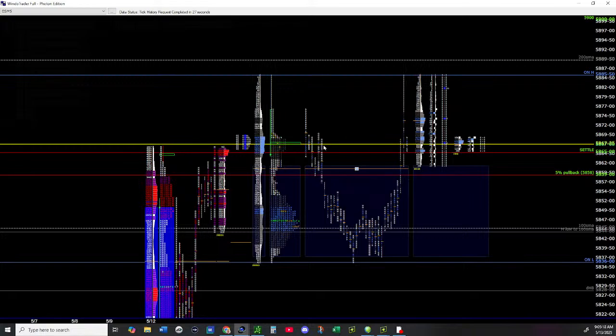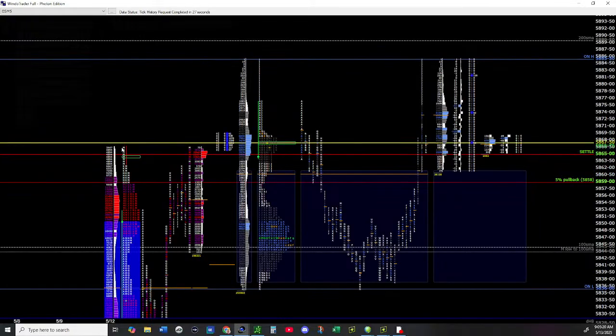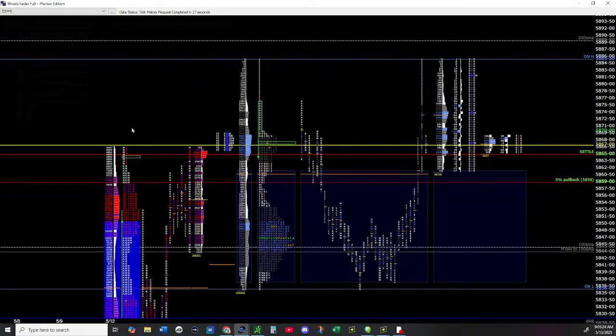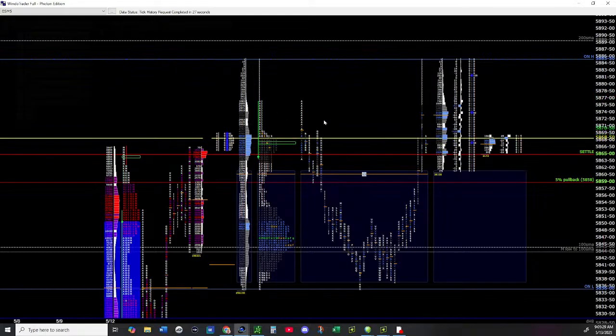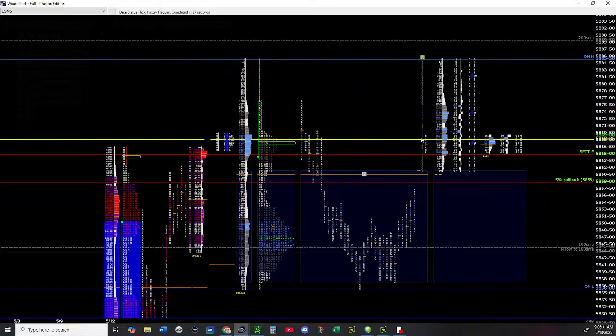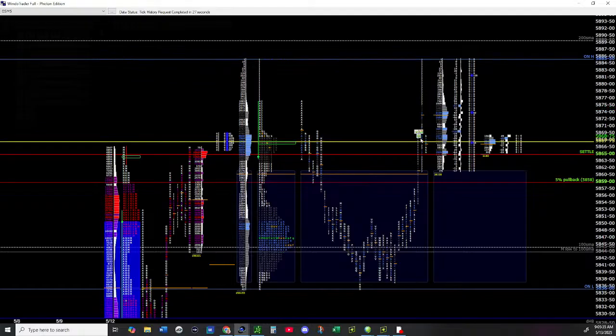Notice this is setting up to open. You can open above, you can open below. Opening above, I am undecided whether to use this one or this as the base of the spike. I can be here or I can place it here.